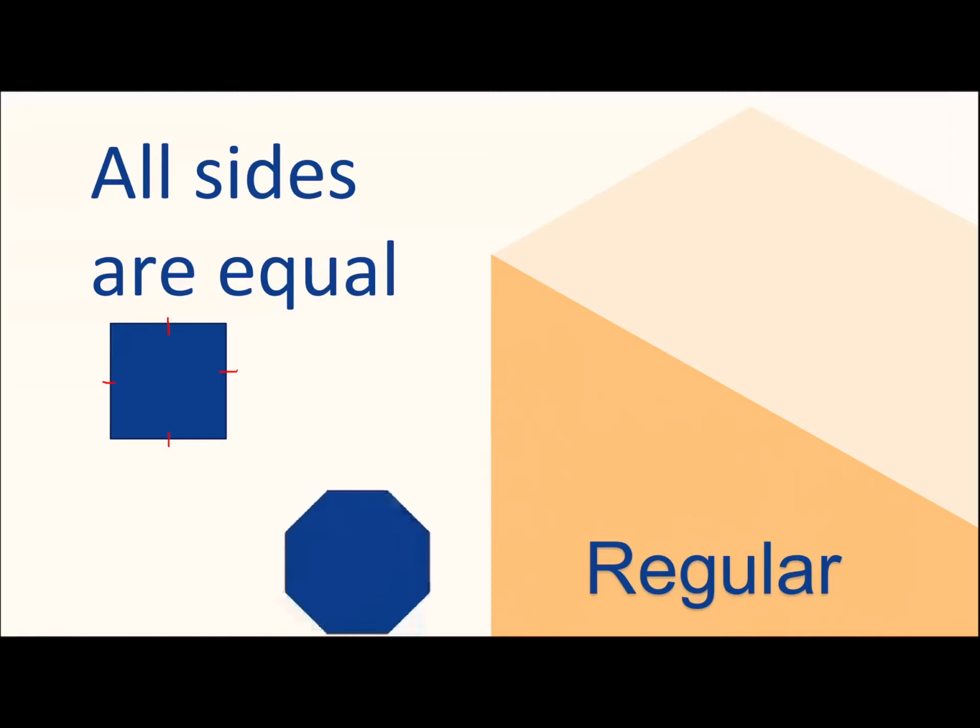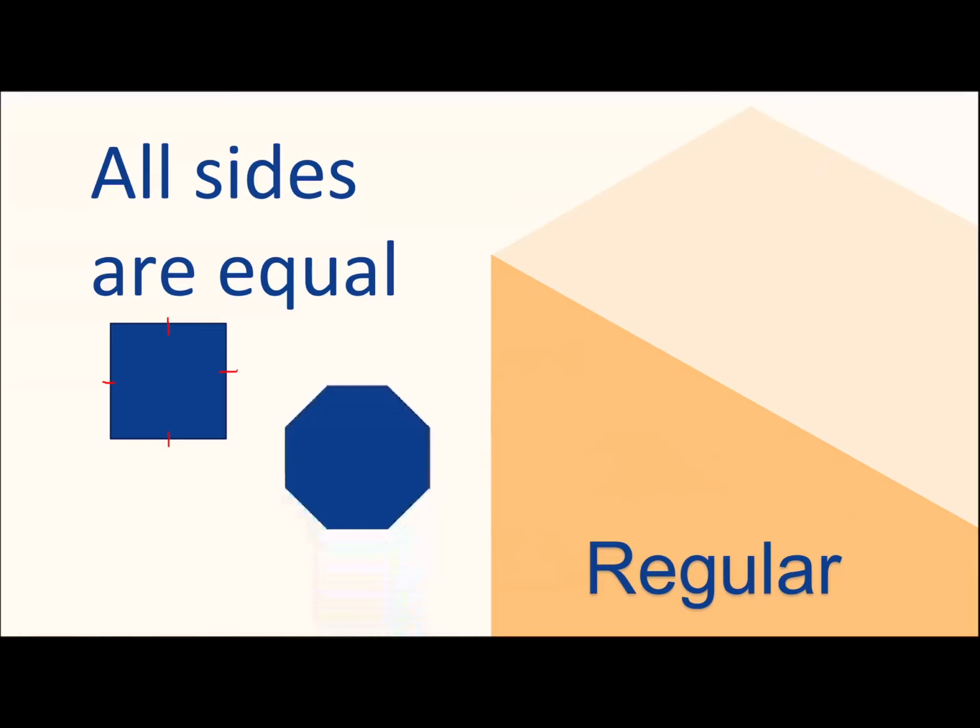Another example, we've got that classic regular octagon. All 8 sides of our octagon are equal. So that means it's a regular octagon. Notice how octagon finishes in agon, and we're looking at polygons. So that's always a key that it is a polygon we're looking at. Did I give you another example? Yes, I did. This one is a decagon.